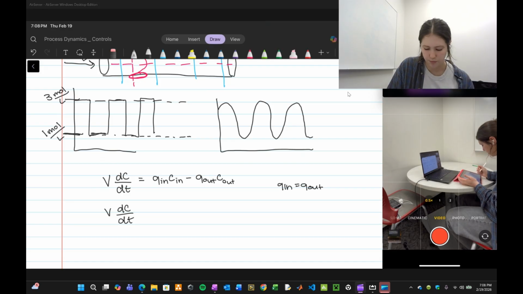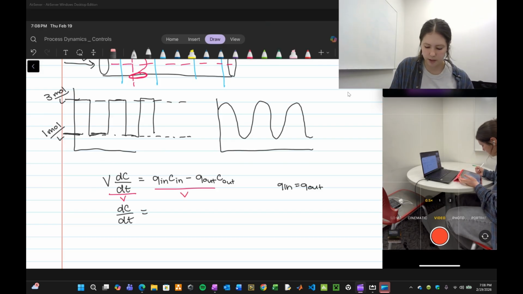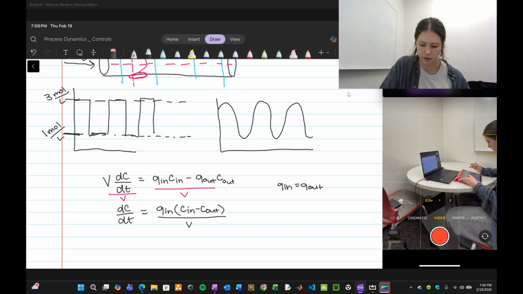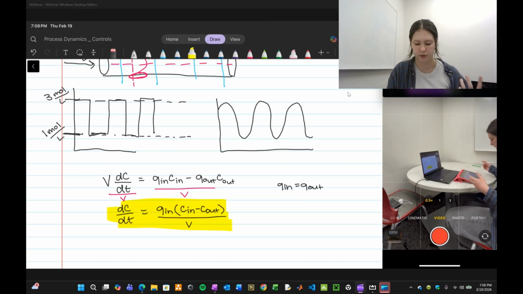Our change in concentration with respect to time, and let's move our volume over to the other side to simplify it more, so we'll divide each side by volume. Our simplified version here will look like our Q in times the difference in our concentrations going in versus out, divided by our volume. So this is going to be the material balance we're going to be using to simulate this in Colab.